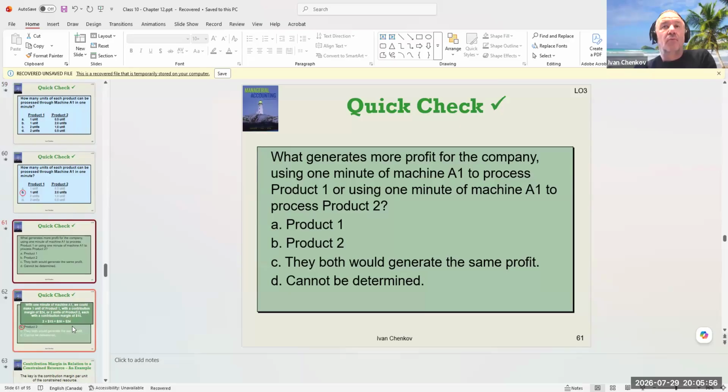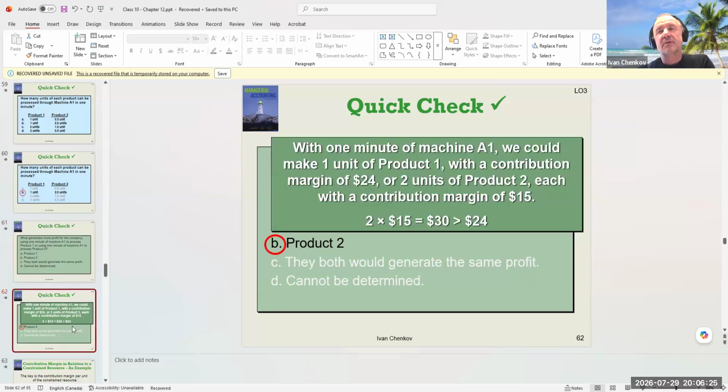Okay, which of those products will generate the highest contribution margin within the constraint? Is it product one? Is it product two? We established that one. That was product two, since for 1 minute on the machine, we can process two units of product two, each of which gives us $15.